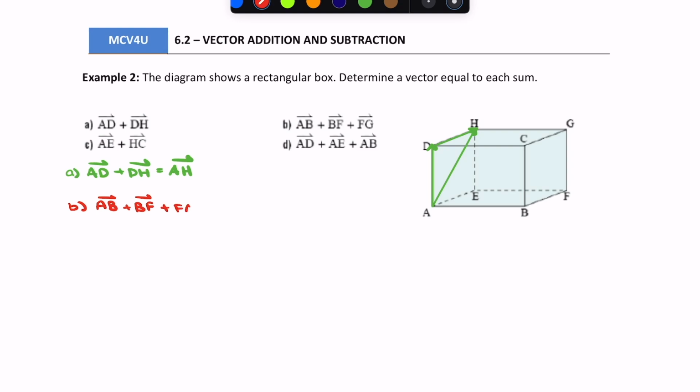So here, start vector A to B, vector B to F, and then vector F to G. So here, again, we will get from point A to G. So here, again, it would be equal to vector AG. So again, we want to look for tail to head continually.